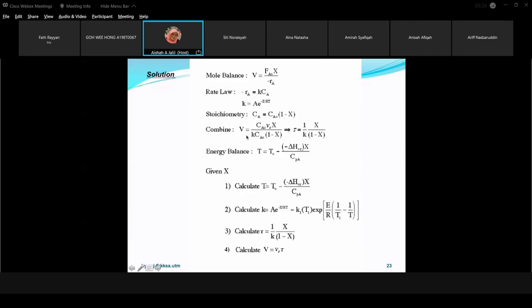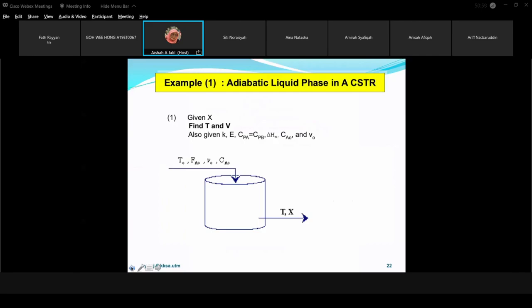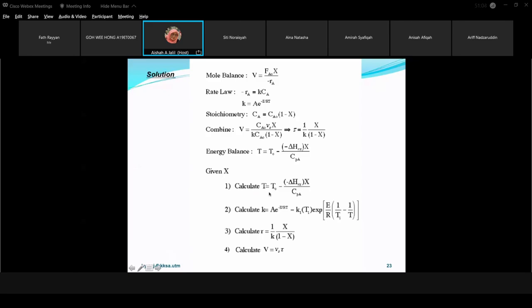So you can get the C naught cancel, and then you can get 1 over K, X over 1 minus X. And then the energy balance, this is the energy balance to get the T. Because the equation is just A to B, you can calculate the T when the X is given.